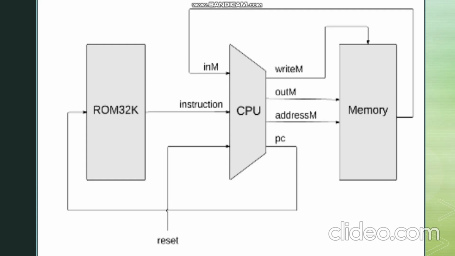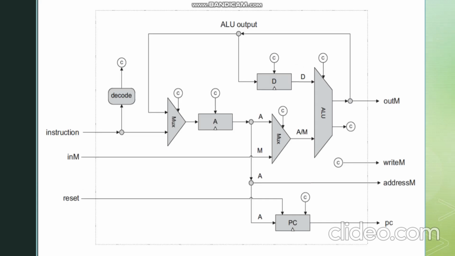Furthermore, along with the inputs, the CPU has several outputs that are connected to the instruction memory and the data memory as well. These outputs are called writeM, outM, addressM and PC, or the program counter. Going back to the given CPU architecture, we can see that the ALU gives an output that is written to the data memory.